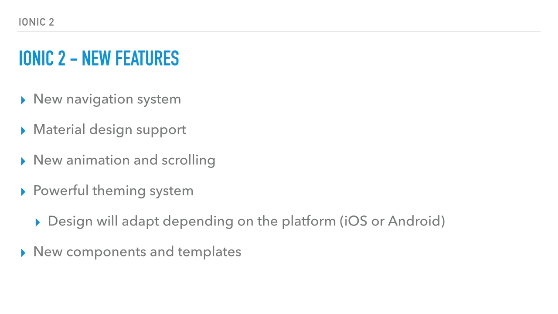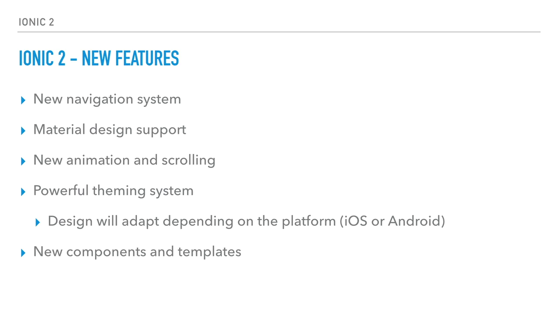Ionic 2 new features. This is just a preview for the next video tutorial that I will release after Angular 2. Ionic 2 will offer a new navigation system with modals, parallel navigations, and many more. It will support material design. It will have new animations, scrolling, virtual scrolling, and so on.